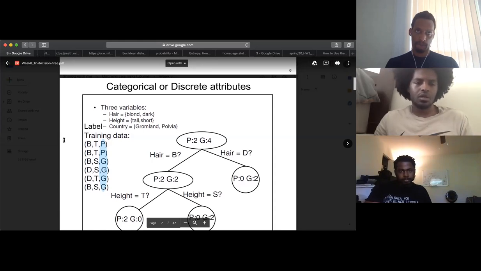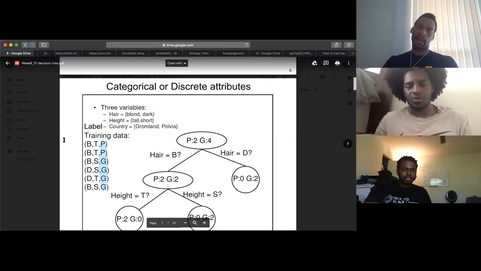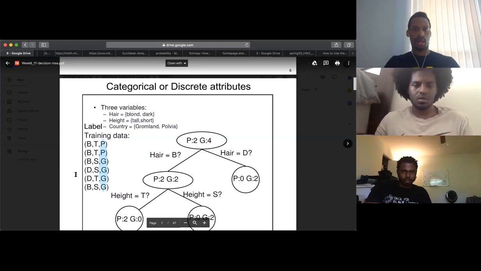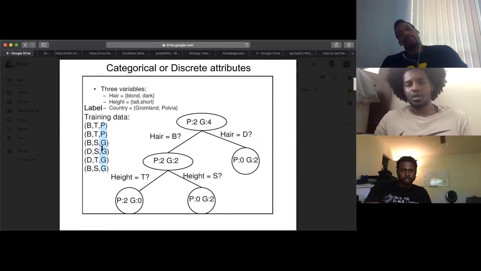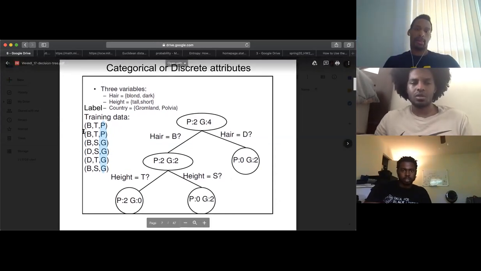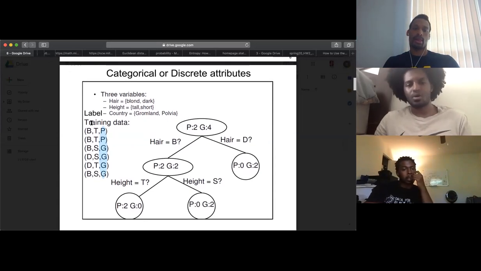The output label is whether you come from Gromland or Polvia. You're trying to classify, given these attributes, where this person is from. So you've got a training set with the two features you're looking at, the height and the hair of the person, and then the outcome labels.